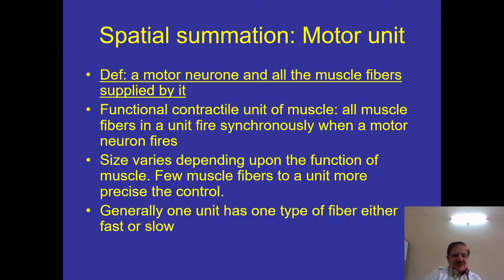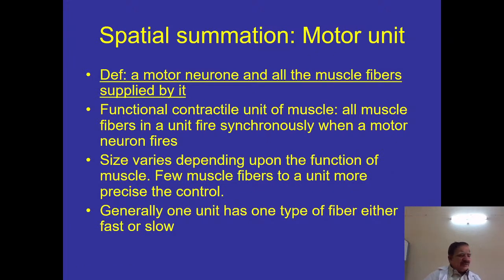So whether you want fast fibers or slow fibers depends upon the function of the muscle. A few muscle fibers per unit gives more precise control, and that is a fast muscle.